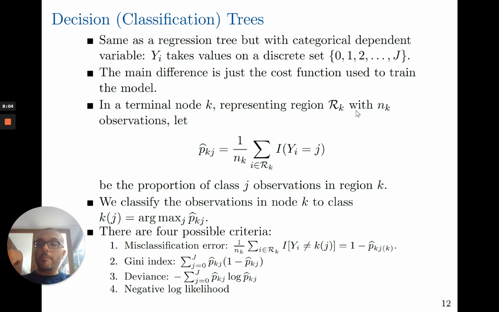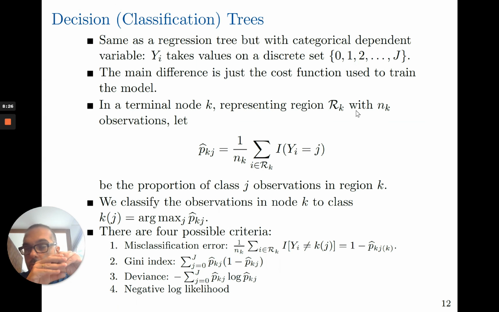Remember that in a regular tree, we look into each leaf, each region, and we compute the average. So the local model is the average of the observations, and we use mean squared error to train the model.